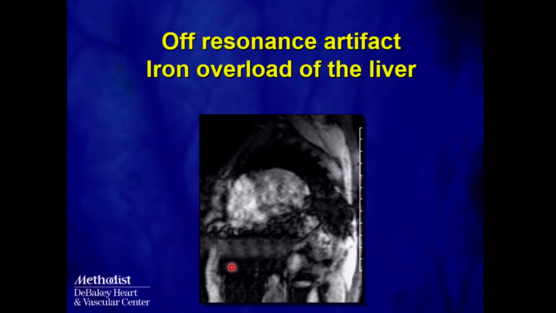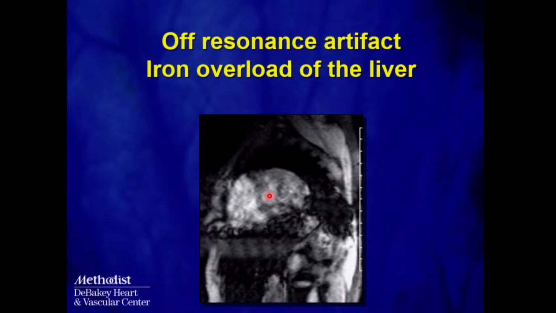In patients who have iron overload, iron can create a lot of magnetic field inhomogeneity from the iron metals. This is a patient who has liver iron overload. Notice how the entire field of view on this sagittal image is creating a lot of what we call off-resonance. You can see the images are so blurry and motion-affected that it can really affect your cardiac field of view.